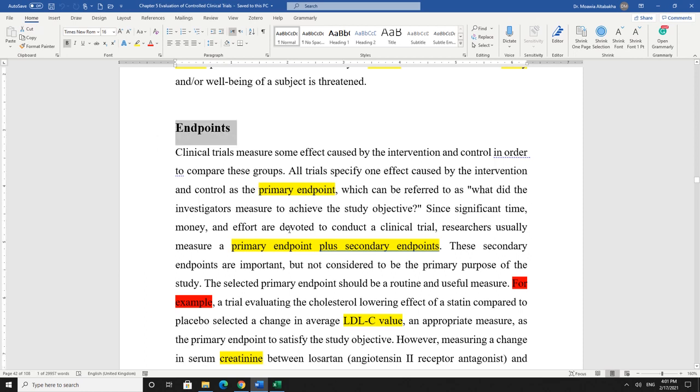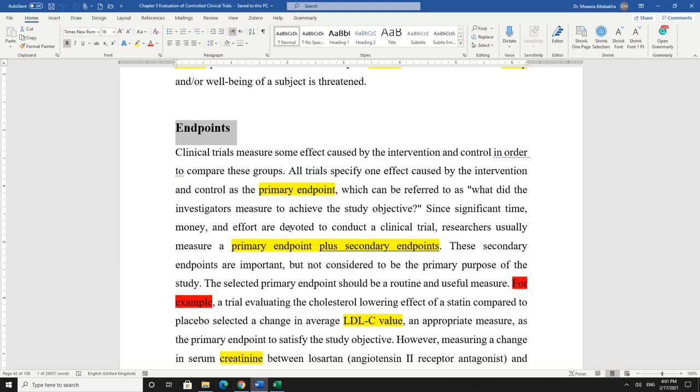Okay, now we will talk about endpoints. There are many different types of endpoints, and you need to be aware of the terms that are used. Now, what is the objective of the research? You should remember it, because the answer to the objective of the work involves the primary endpoint.